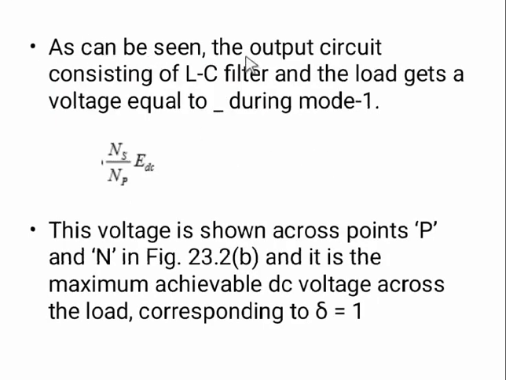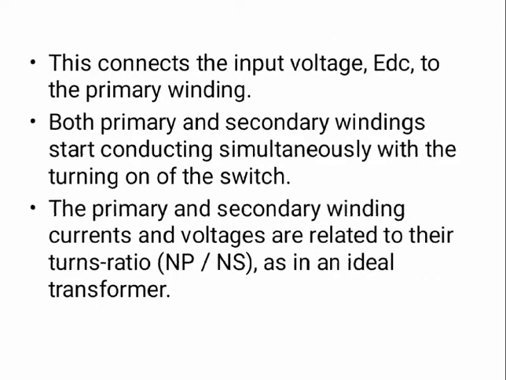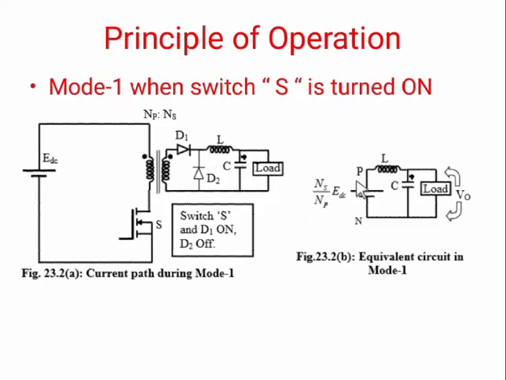As we can see from the circuit, the LC filter and the load get a voltage equal to this magnitude, which is NS by NP into EDC during mode 1. So this voltage appears across P and N.